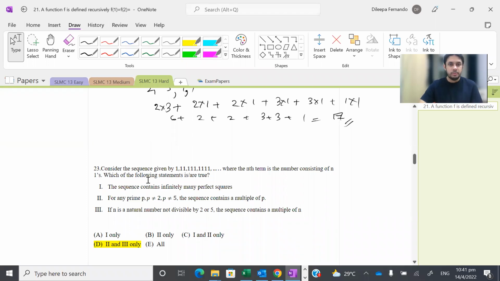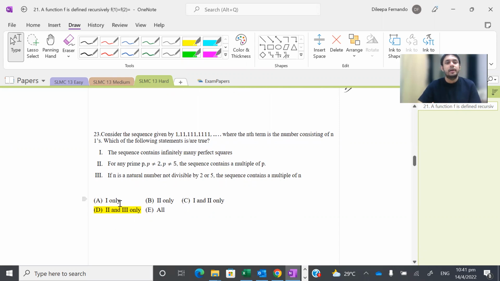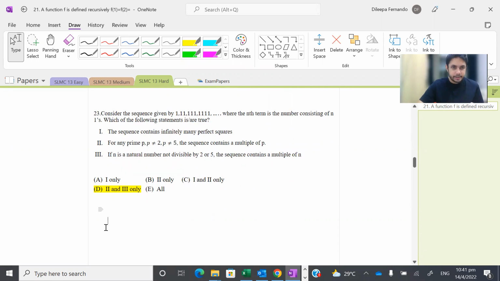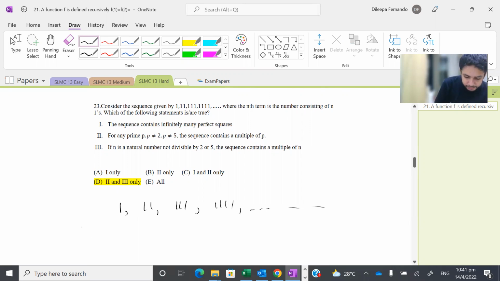Okay, so question 23. Here we need to consider three statements and the sequence 1, 11, 111. Let's see the first statement.